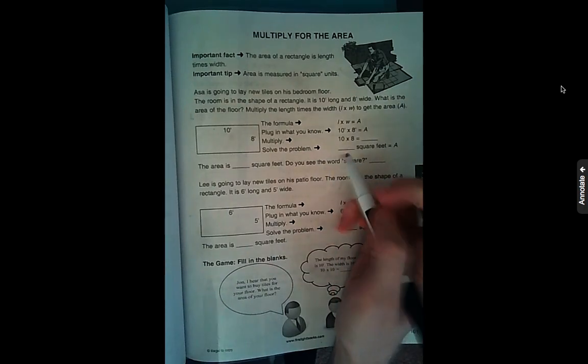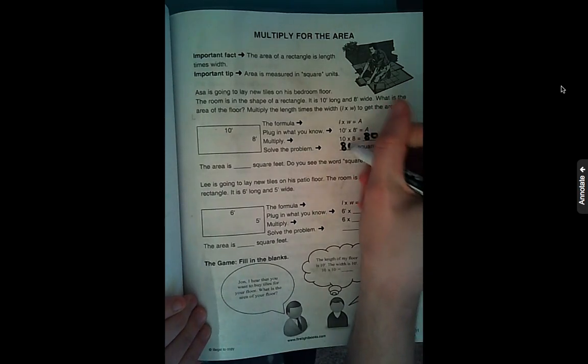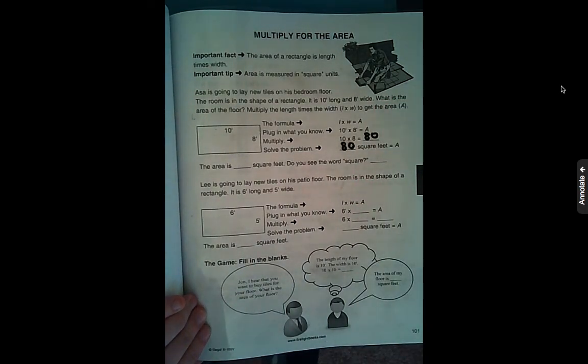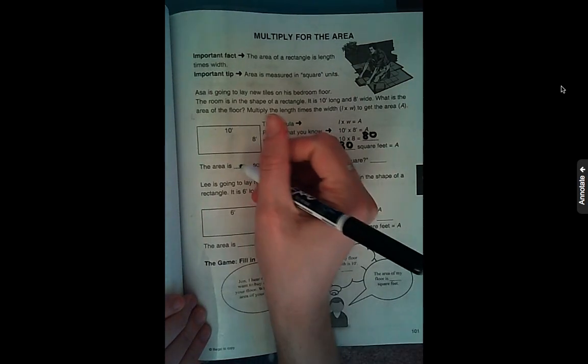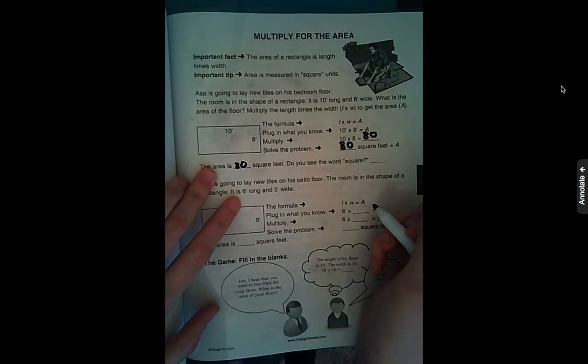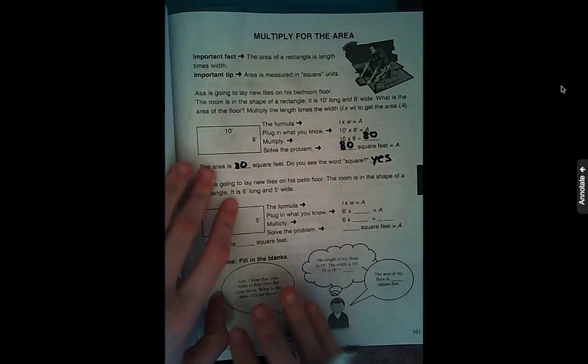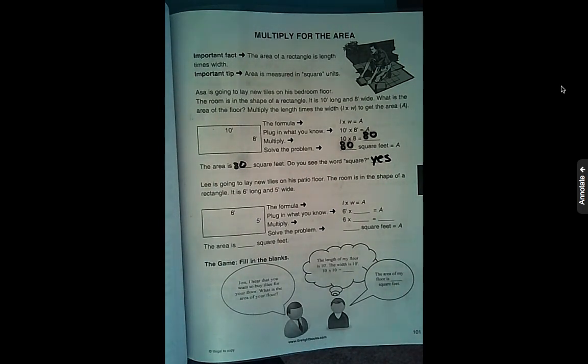And when you multiply that, 10 times 8 is 80. So when you solve the problem, it's going to be 80 square feet equals A for area. So the area is 80 square feet. And do you see the word square? Yes. Okay, we do see the word square.